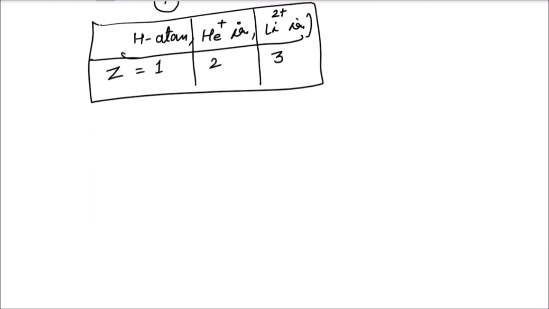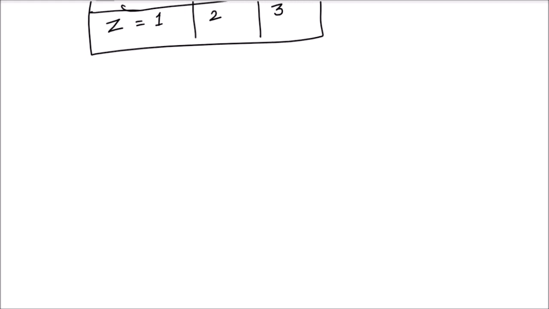Now first of all, let us describe the potential energy. Potential between two charges is best described by a Coulomb term.